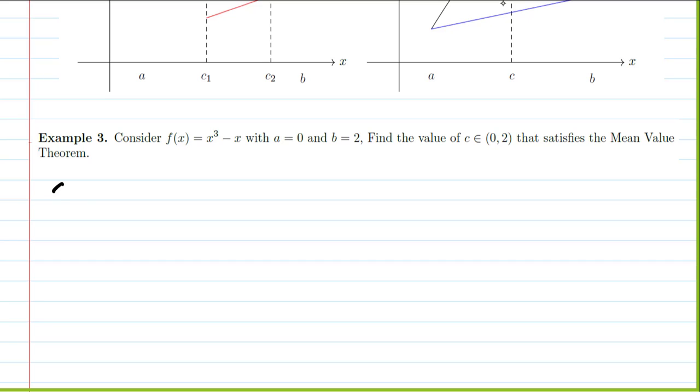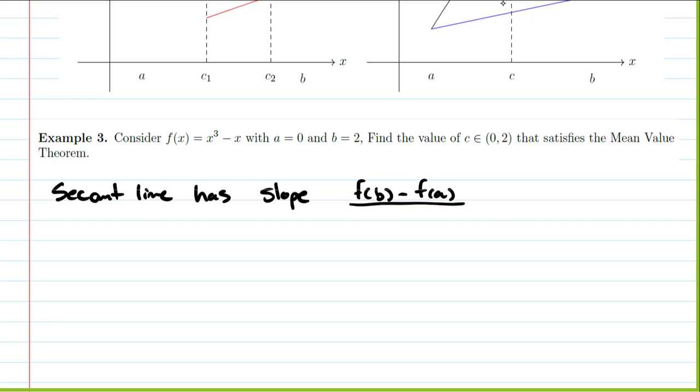So the secant line has slope f of b minus f of a all over b minus a. So our slope is going to be f of 2 minus f of 0 all over 2 minus 0.